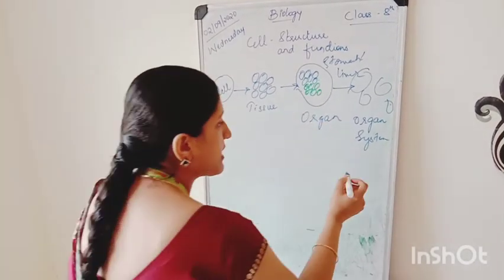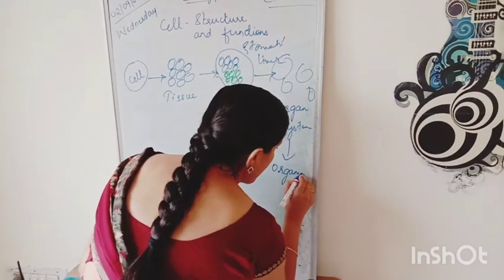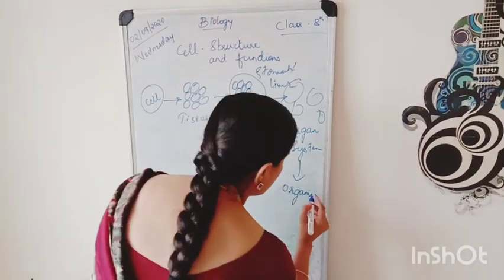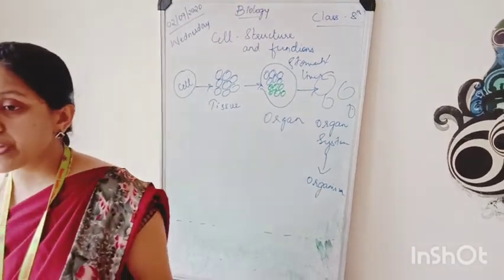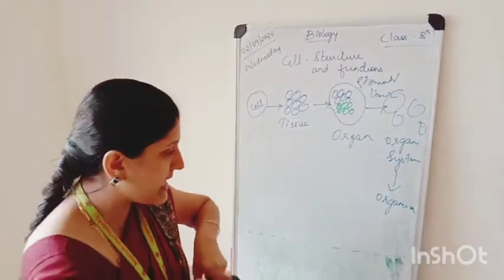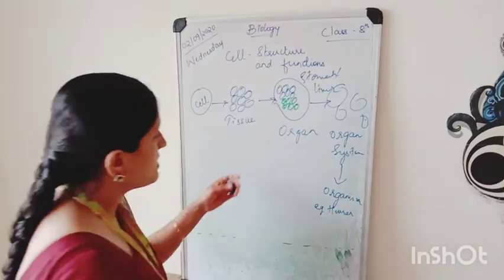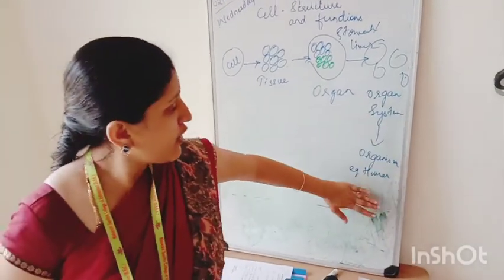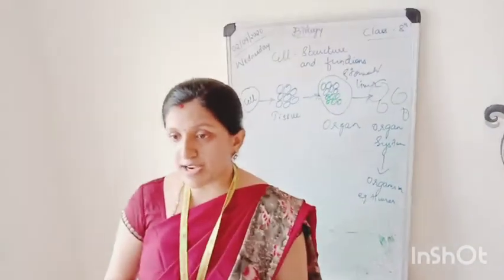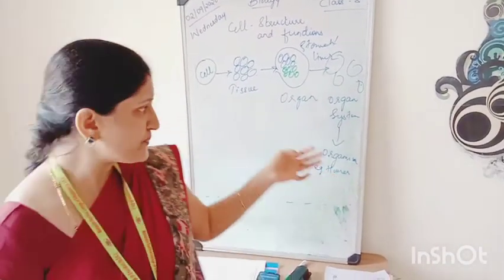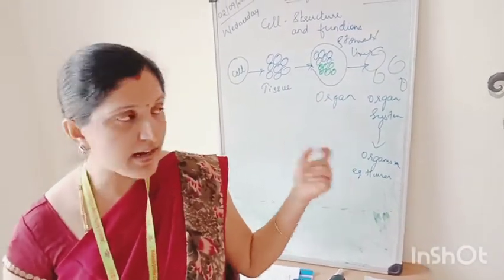Then all these organ systems together form an organism. An organism here can be a human being. A human has all those systems: the nervous system, circulatory system, excretory system, reproductive system, respiratory system, digestive system.